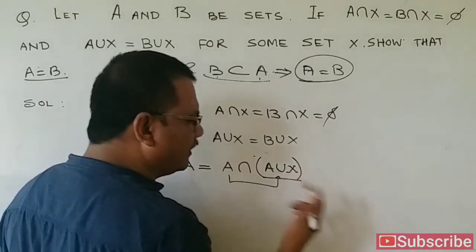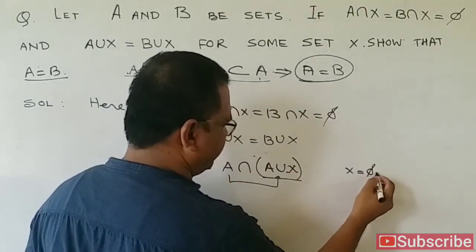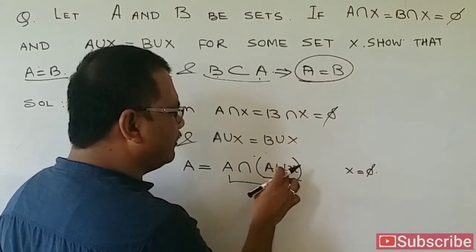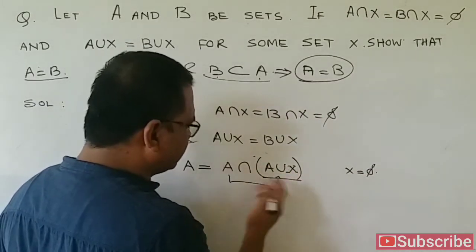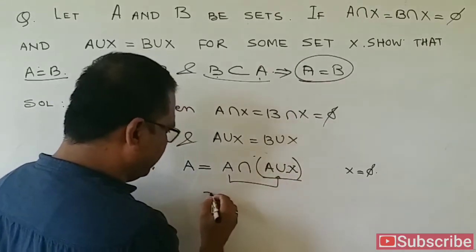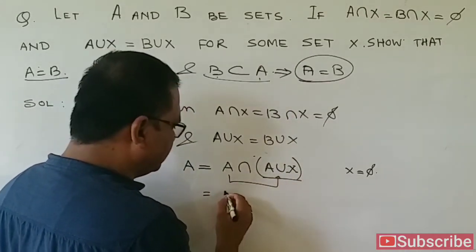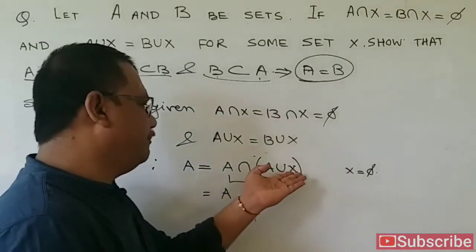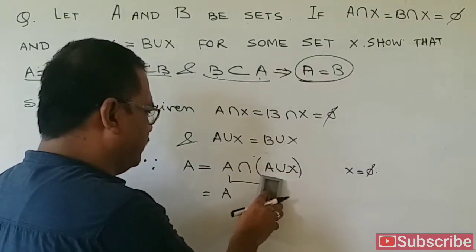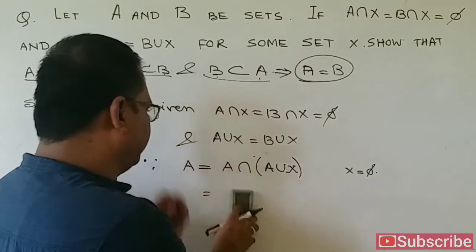Or even if X is phi, then also A union X will be equal to A. In that case also A intersection A is equal to A, isn't it? So whatever X be, no problem, this expression will give A.